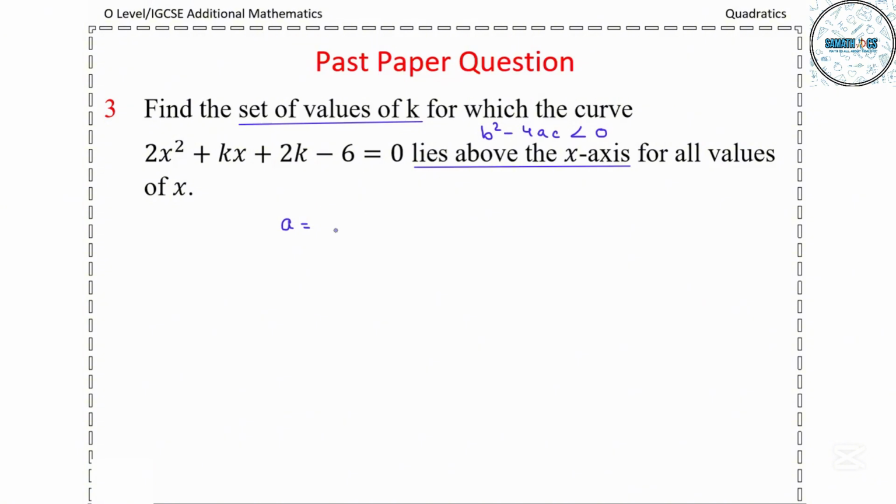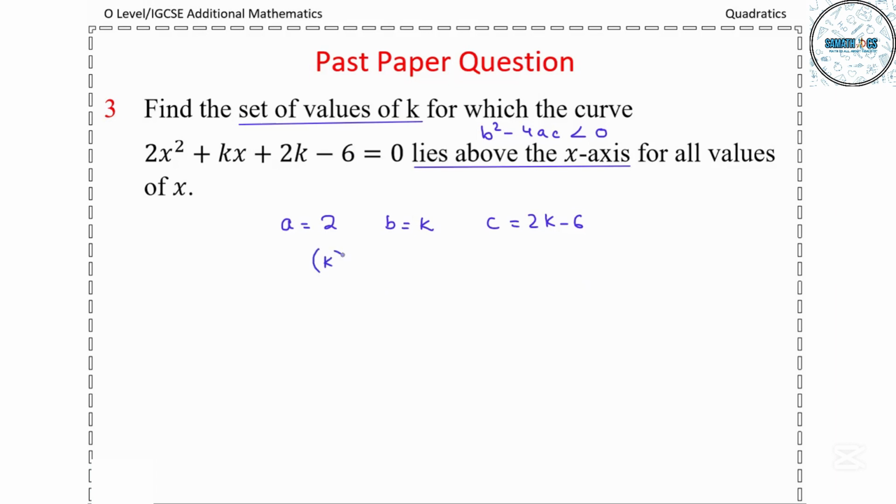We have a is equal to 2, b is equal to k, and c is equal to 2k minus 6. All the terms which do not have x are considered to be the constant term. Now we'll substitute these values in b squared minus 4ac is less than 0.